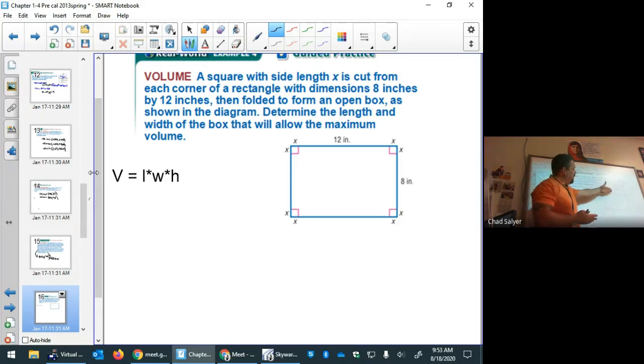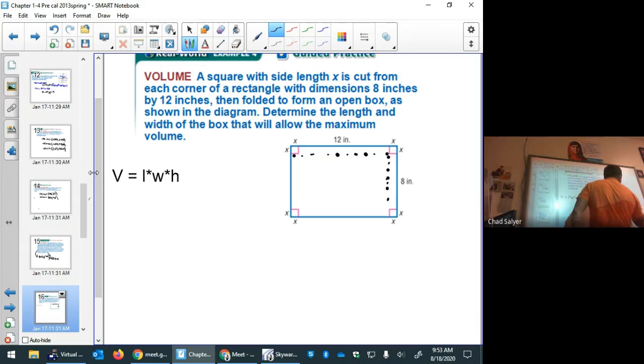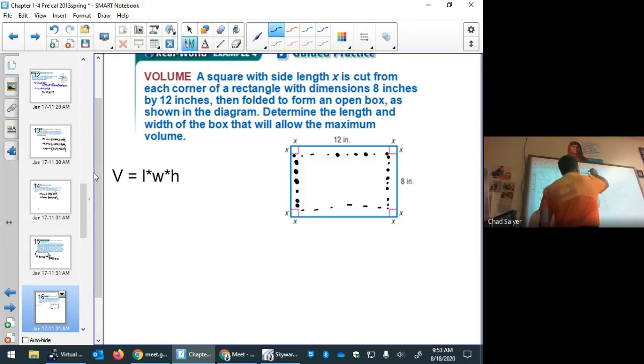So think about if I folded along these lines, you see I would have a shallow little box. So we're cutting away that corner and then folding along these dotted lines. So the result is a box that has length, we'll call this one length. So that's going to be 8 minus 2x, because we cut out the x here and here.